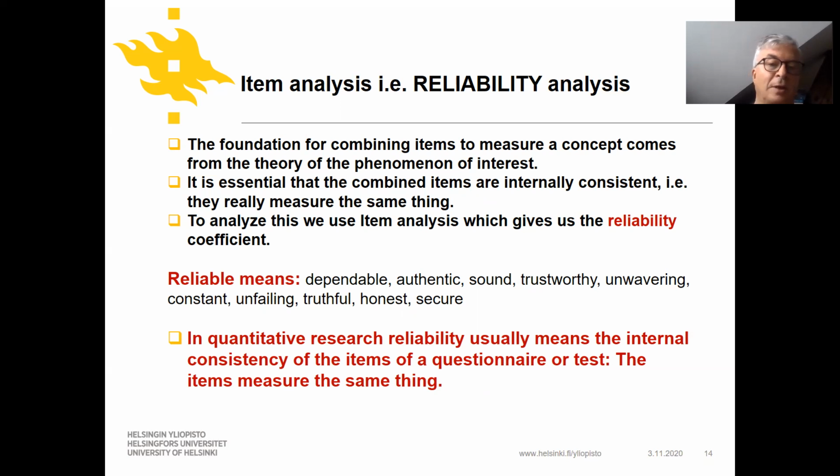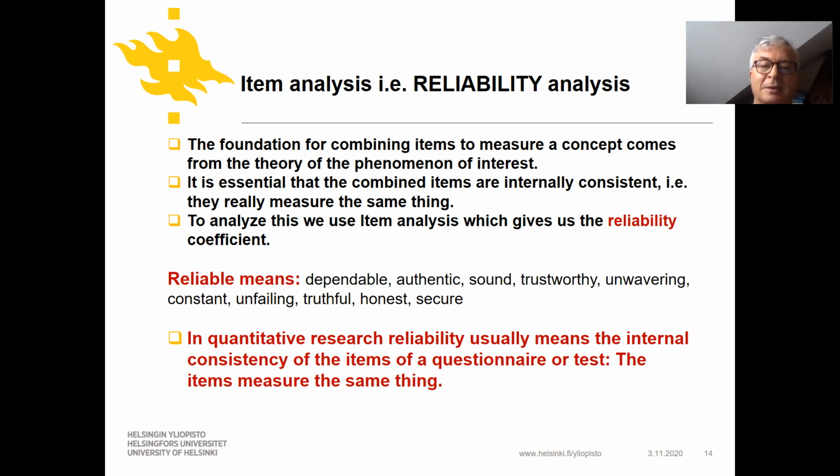Looking up from different sources, reliable means dependable, authentic, sound, trustworthy, unwavering, constant, unfailing, truthful, honest, secure, and a lot of other words. But they all have something in common.